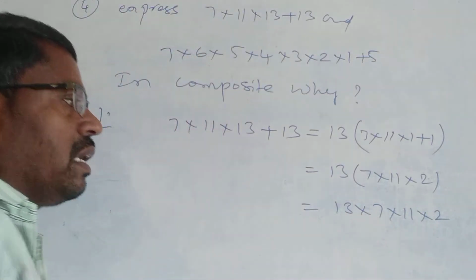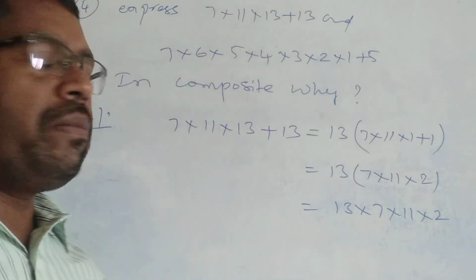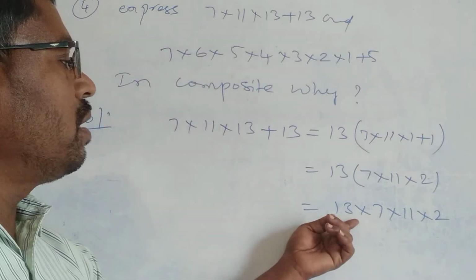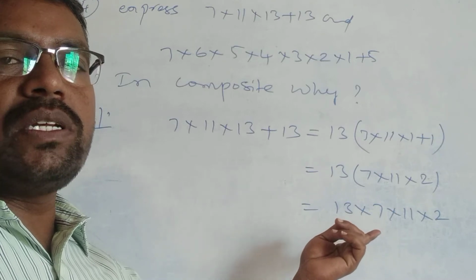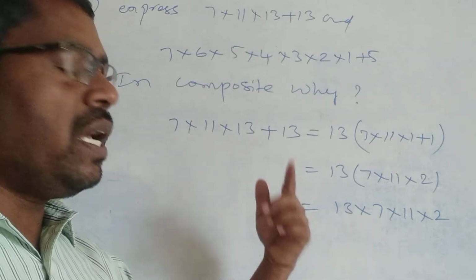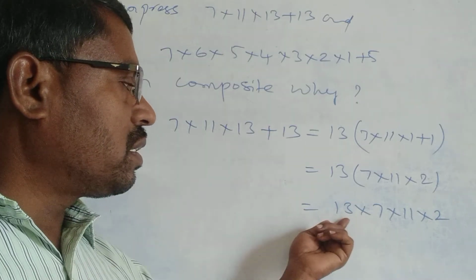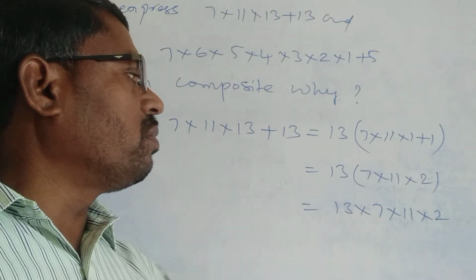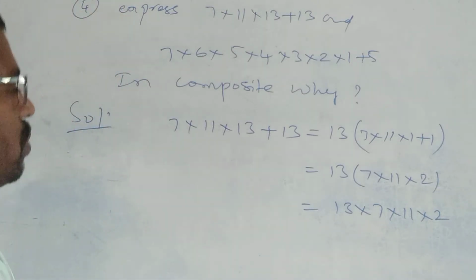So there are 4 prime numbers we got. 4 prime numbers means what happens now? This is a composite number. Because what is the definition of a composite number? It has more than 2 factors. So how many factors did we get here? 13, 7, 11 and 2. So we can show that this is a composite number.